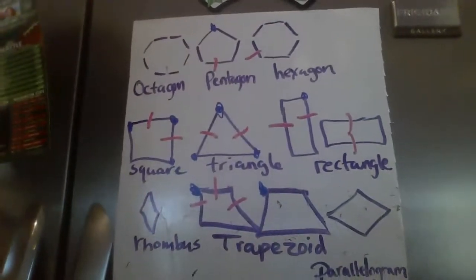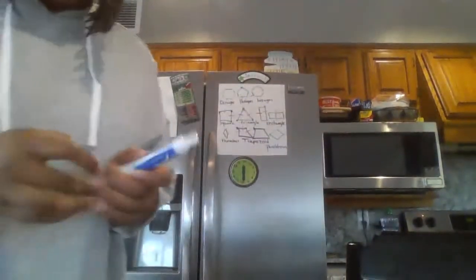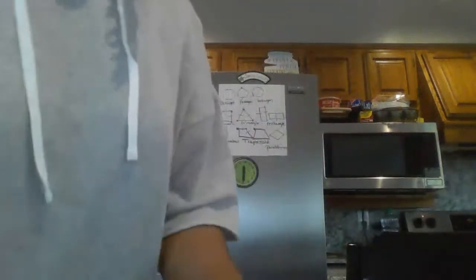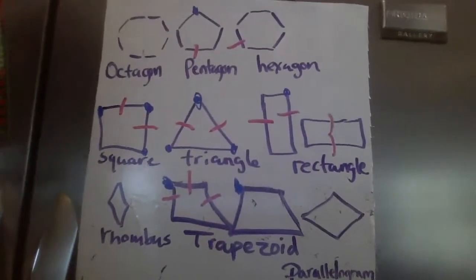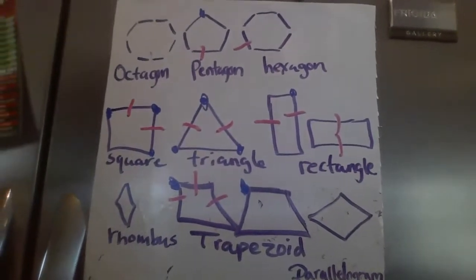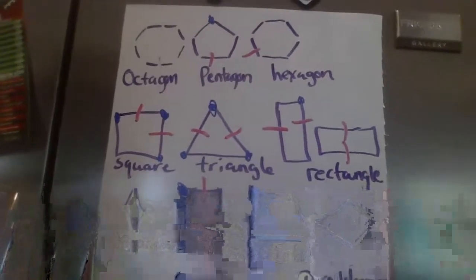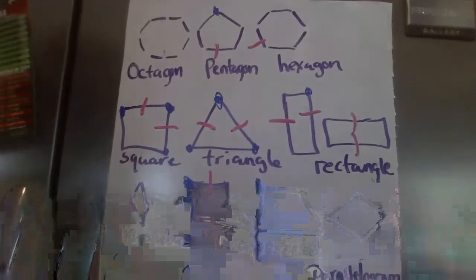Now I'm going to show you the angles. Very important, and one of the main questions in geometry problem sets. Angles, and there are different kinds, and we'll go through that, scholars.